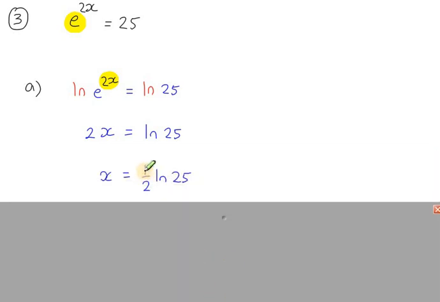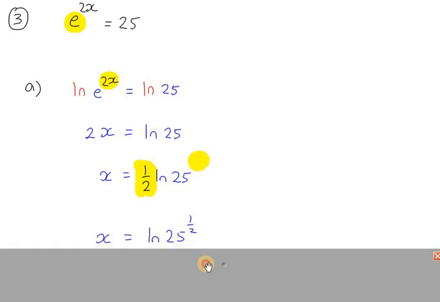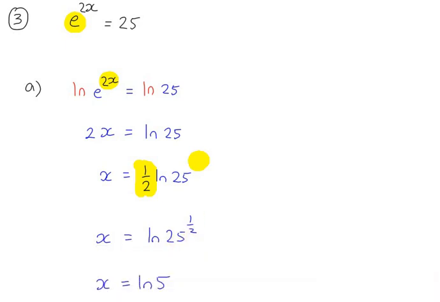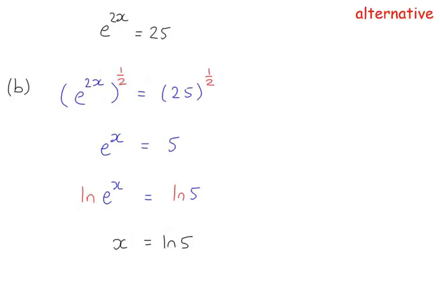And we can simplify further. We can take the coefficient of the log term and move it up here as a power. 25 to the power of a half, or root 25, is 5, so x equals ln 5. An alternative is to raise each side to the power of a half first, and then take natural logs.